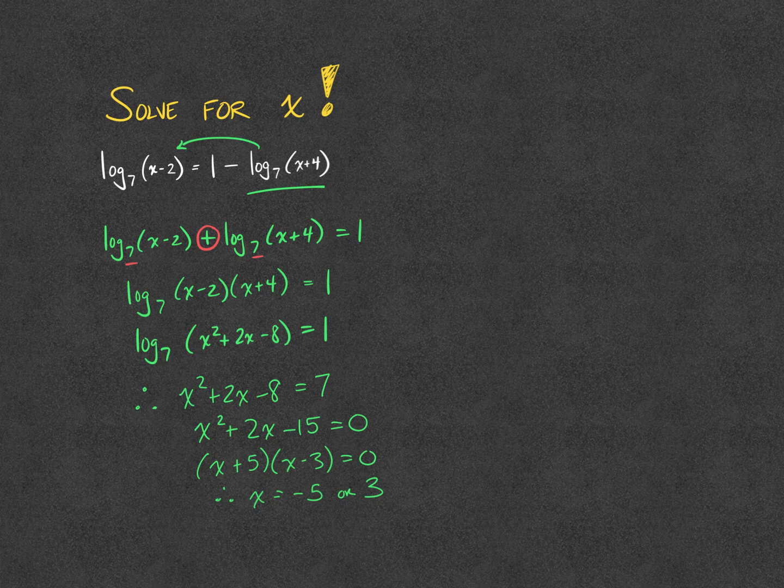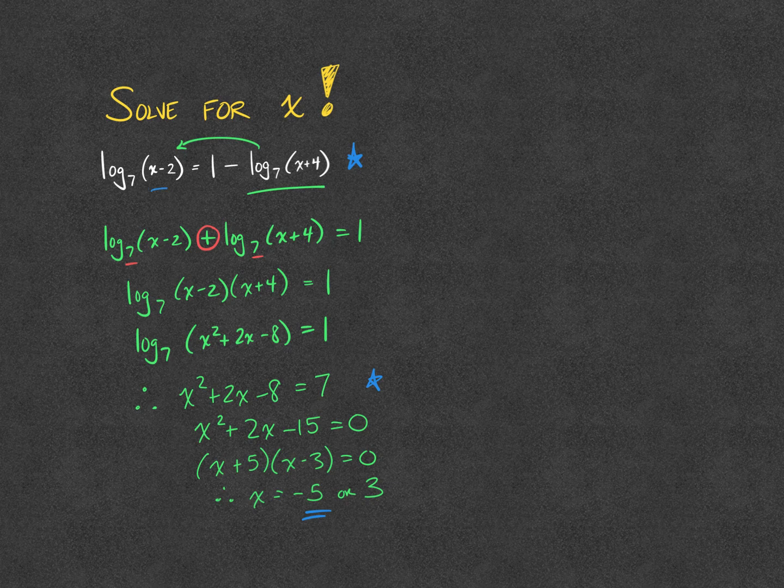Now, what's really important is that every time I solve a log equation, I have to make sure that those solutions are actual solutions for the equation given. You'll notice I created a polynomial equation here, and perhaps the solutions I have for that polynomial equation are not the solutions for the logarithmic equation. Take a look at what happens if I sub -5 back up into my original equation.